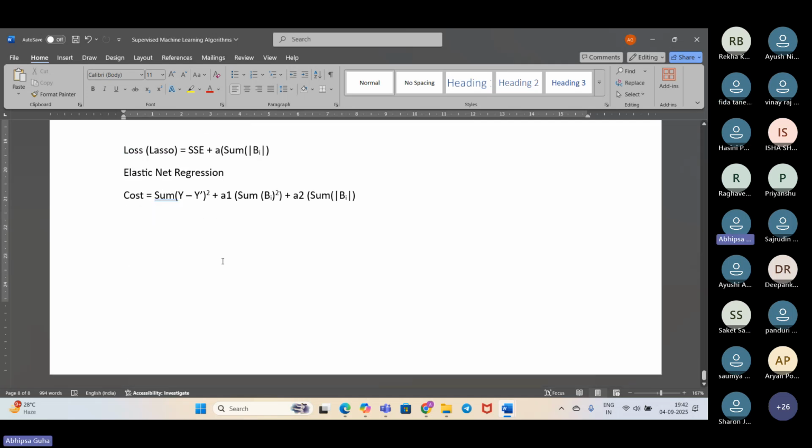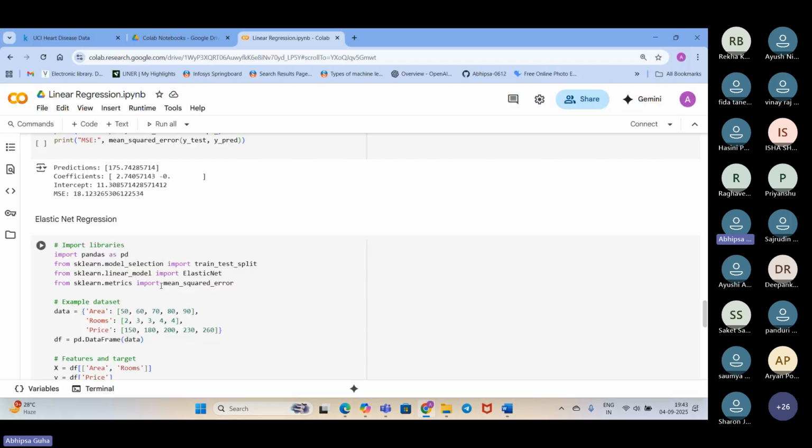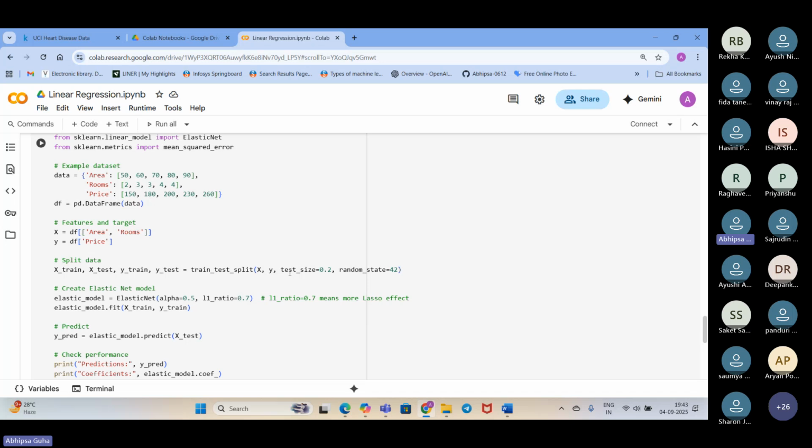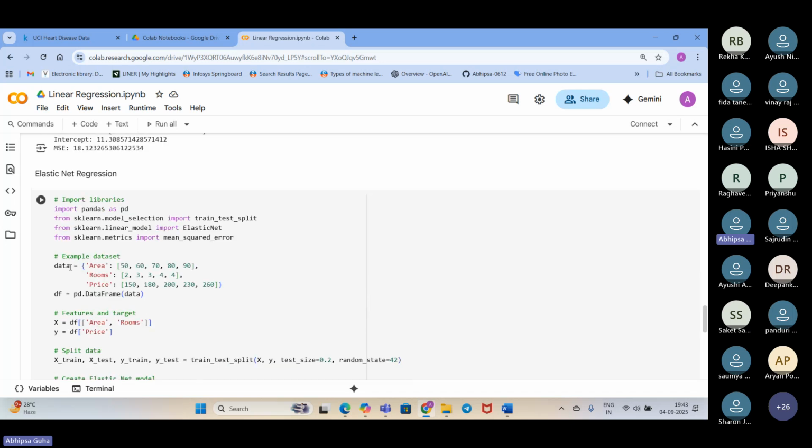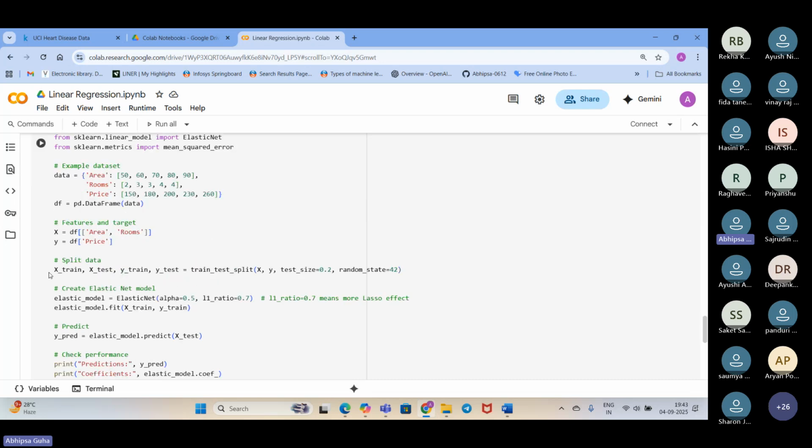In case of elastic net, let me show you how we write the code. Similar manner, same example: dataset checking, feature and target. We initialized and split the data, and here we have taken the L1 ratio, that is 0.7.